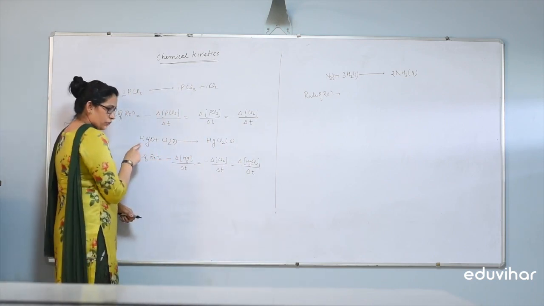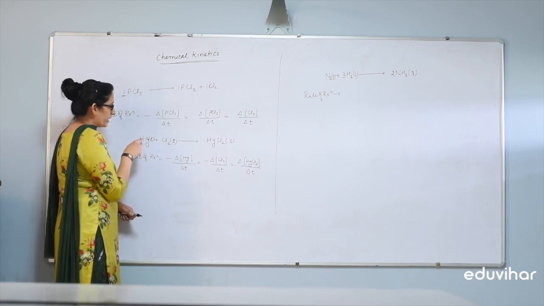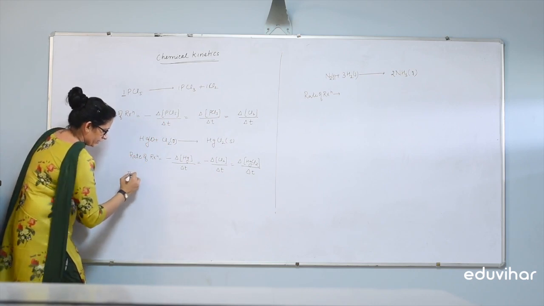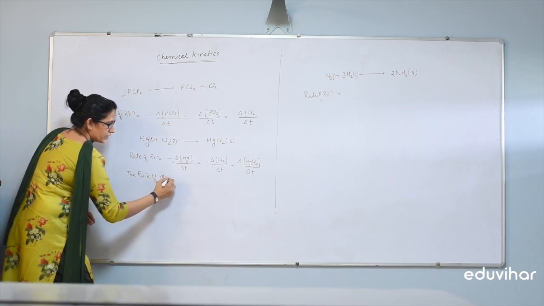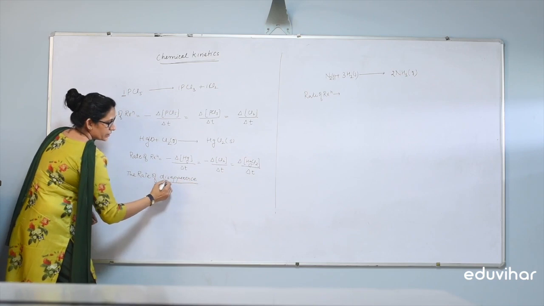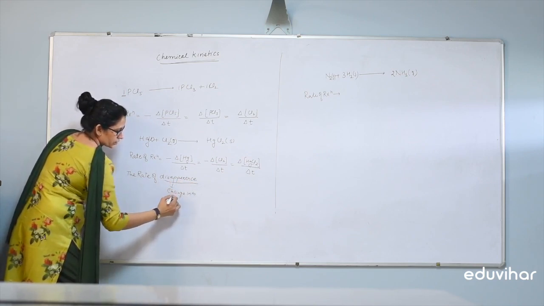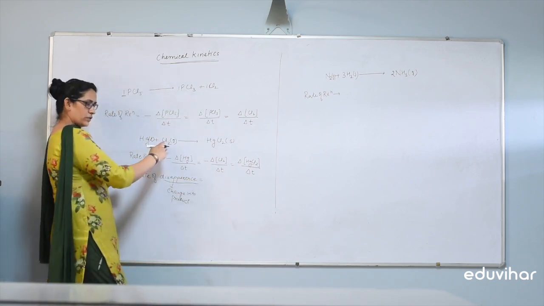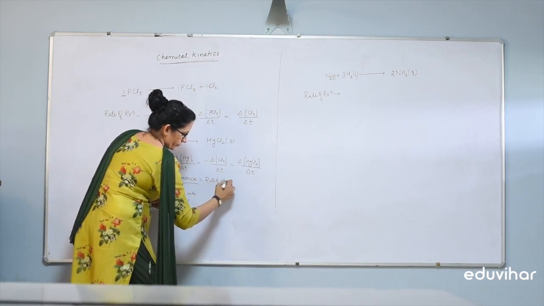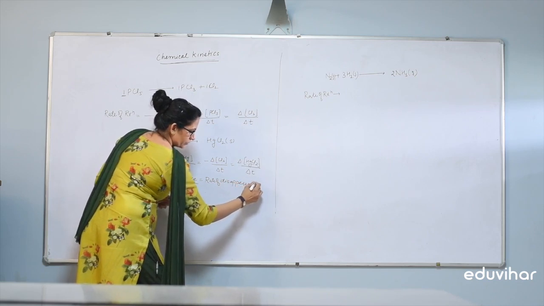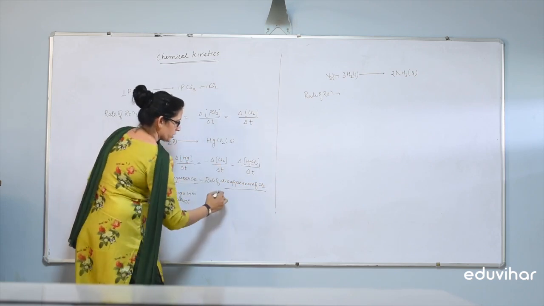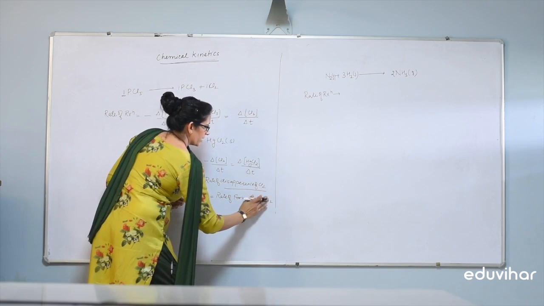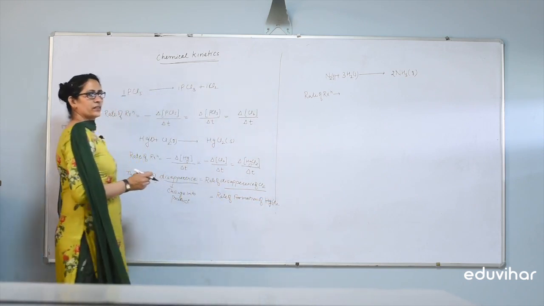It means the rate of disappearance, the meaning of disappearance is that the Hg is converted into the product, the rate of disappearance of Hg is equal to the rate of disappearance of chlorine, which is equal to the rate of formation of HgCl2. Are you getting this?